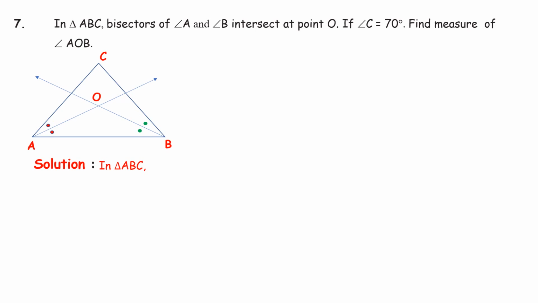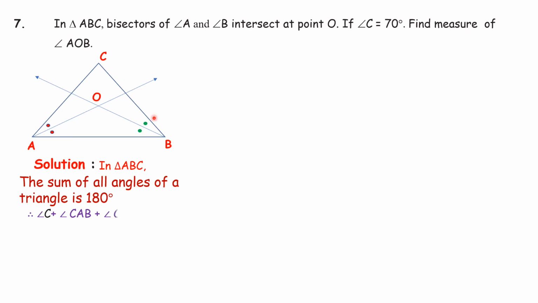Solution. In triangle ABC, the sum of all angles of a triangle is 180 degrees. Therefore, angle C plus angle CAB plus angle CBA is equal to 180 degrees.